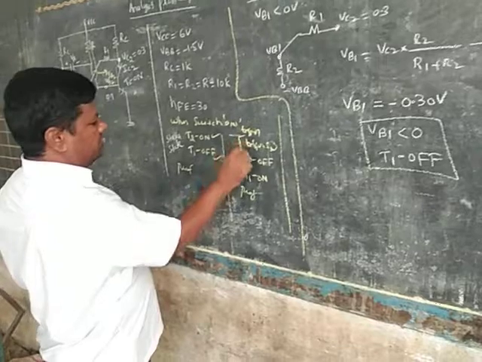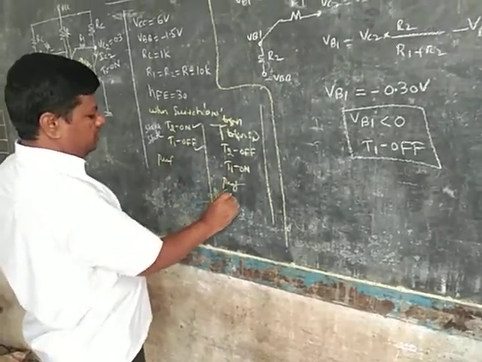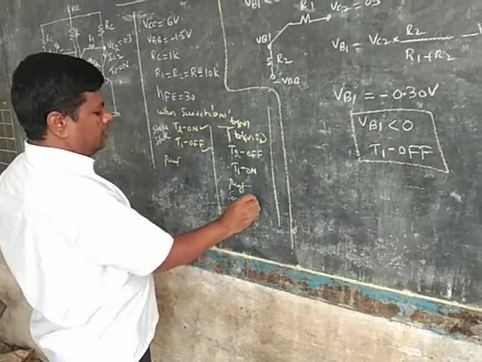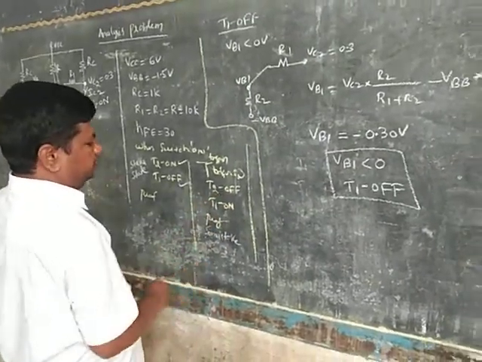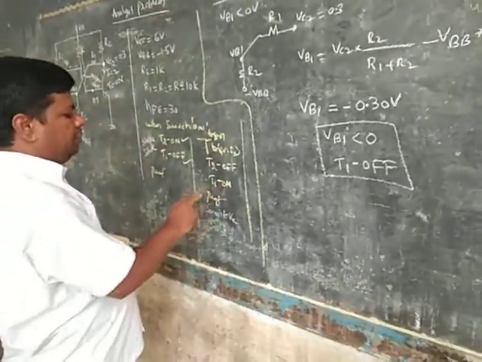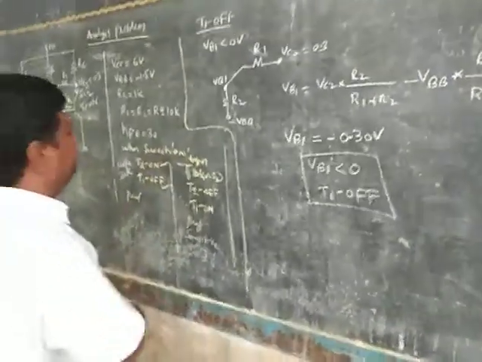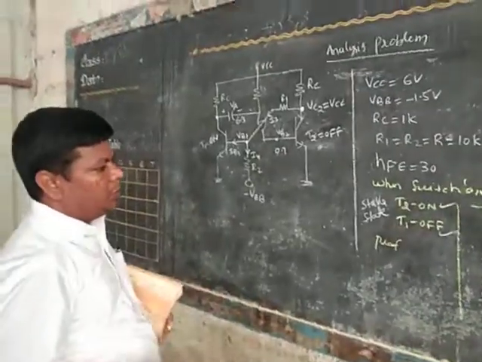Now after applying the triggering signal, the circuit enters into the quasi-stable state. Again the states are T1 on, T2 off. Again by using circuit analysis, prove that T1 is on and T2 is off.